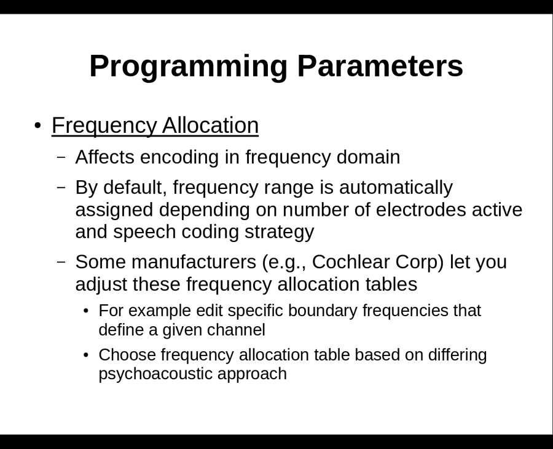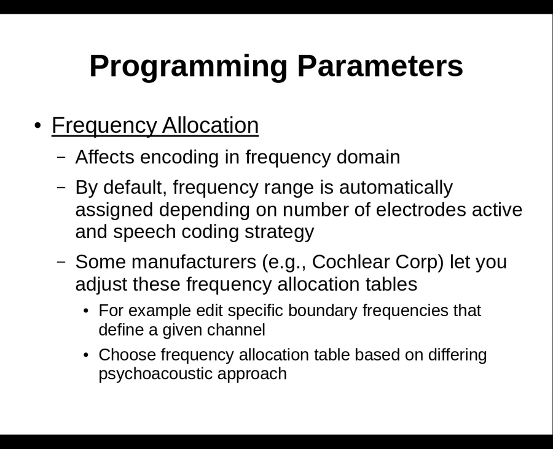When I'm saying frequency allocation, I'm referring to the relationship between the physical input frequency, the acoustic frequency of the sound, and how that relates back to the electrical stimulation to a given electrode. We would normally want the electrodes placed most basally to be represented by higher frequencies, and those placed most apically to represent the lower frequencies.